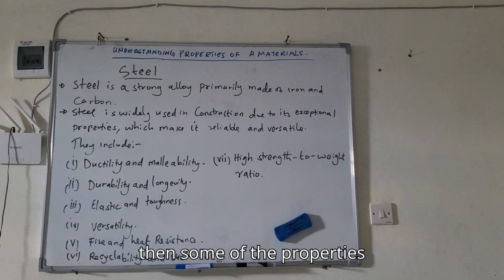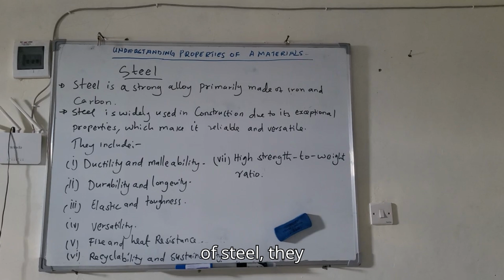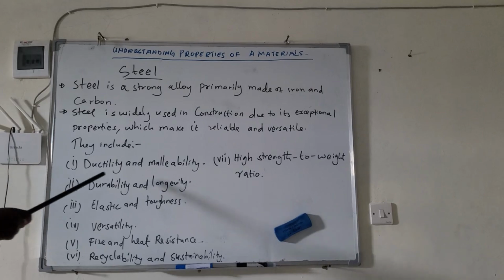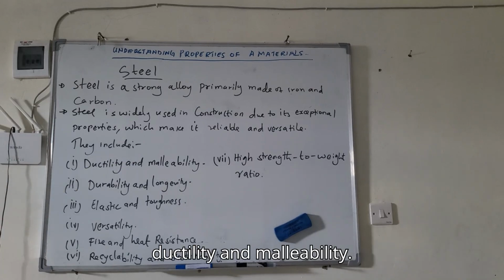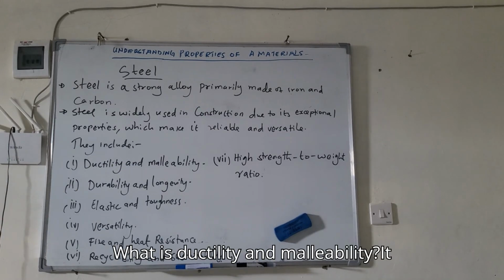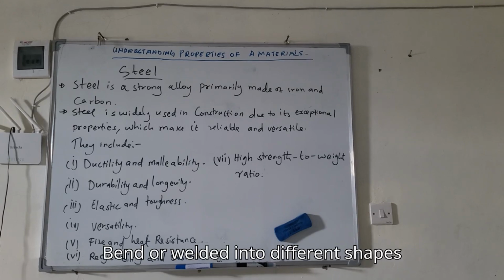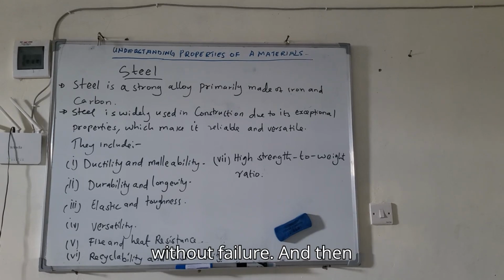Some of the properties of steel include the following. Number one, ductility and malleability. What is ductility and malleability? It means steel can be rolled, bent, or welded into different shapes without failure.